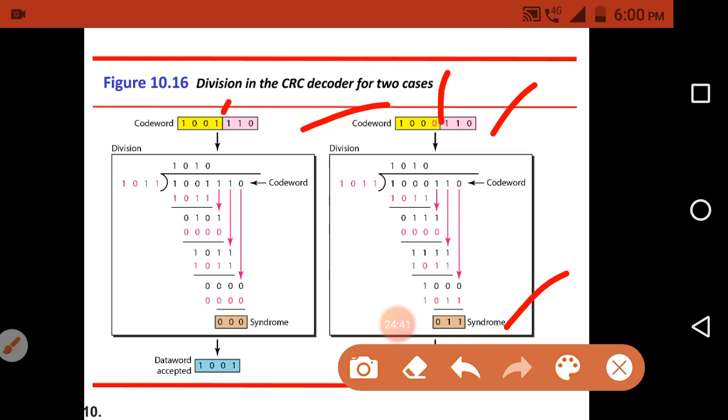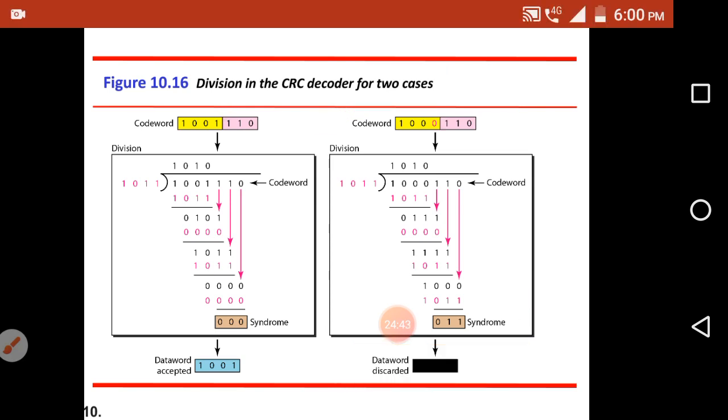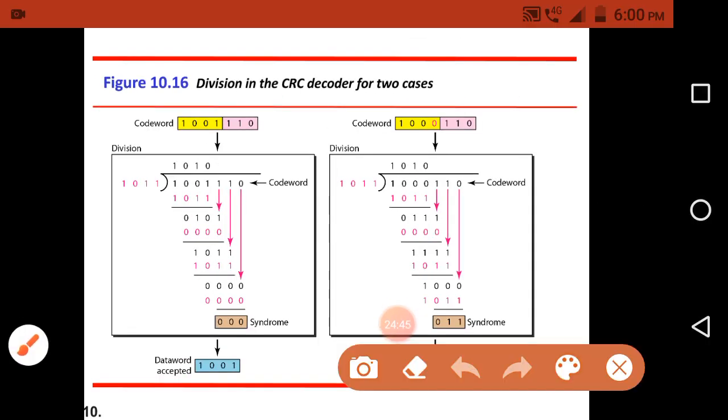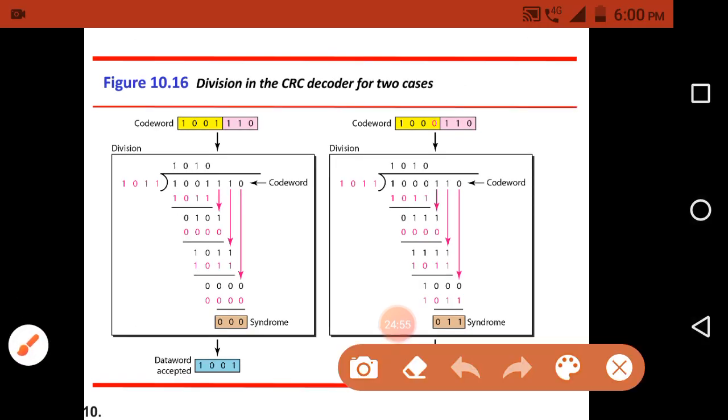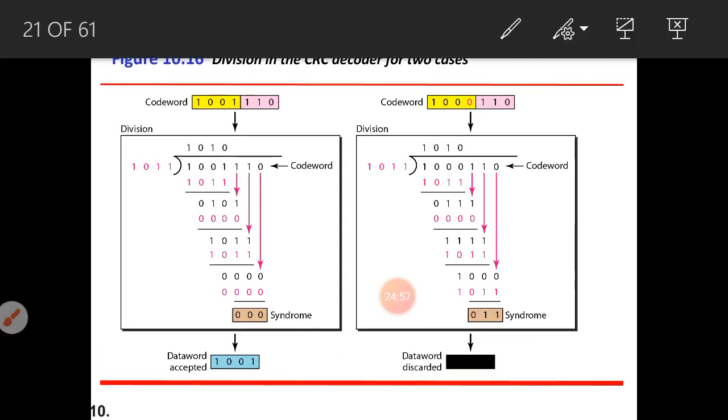So one bit has been modified, and that's why we have got a non-zero remainder. That remainder we call the syndrome value. If you get a non-zero syndrome, we need to discard that particular data word.